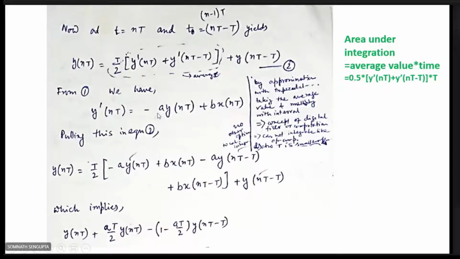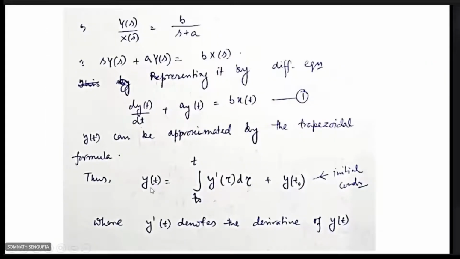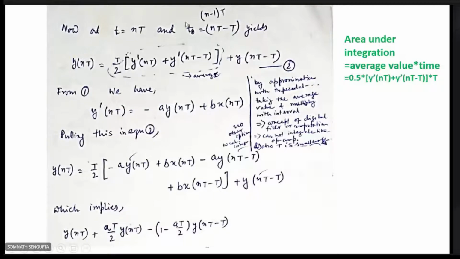So we use this y t. Let us say t is sampled at some time instant t equal to nT, and t0 is the time sample just before that, that means nT minus T, where T is the sampling interval. So just before the time instant nT, it is (n minus 1) into T.